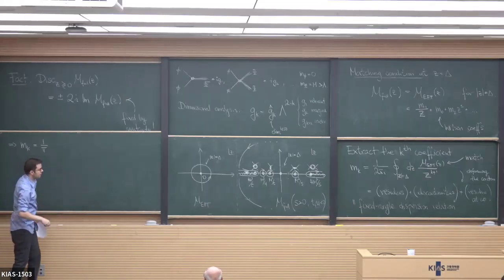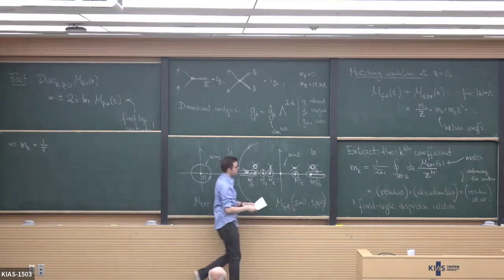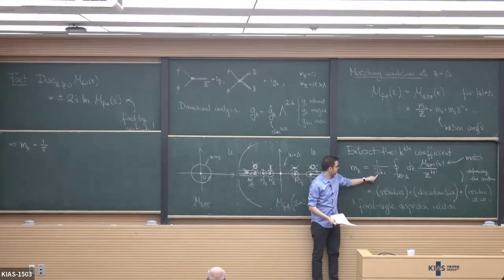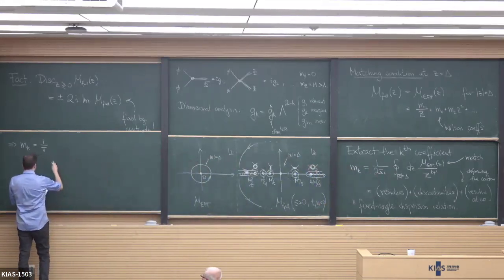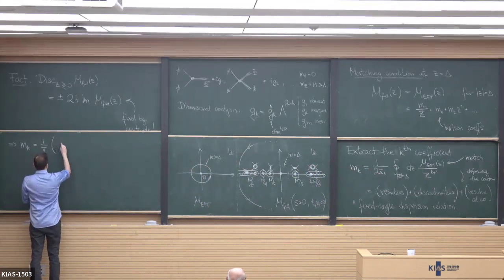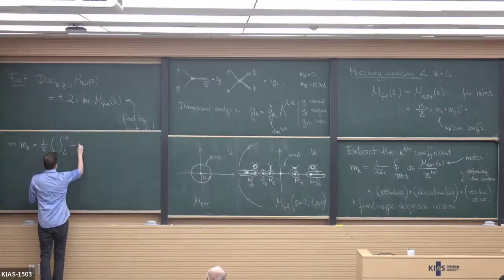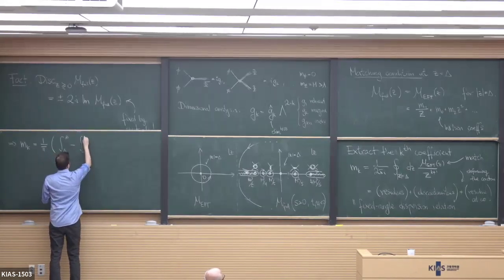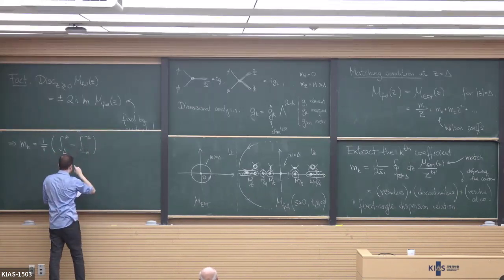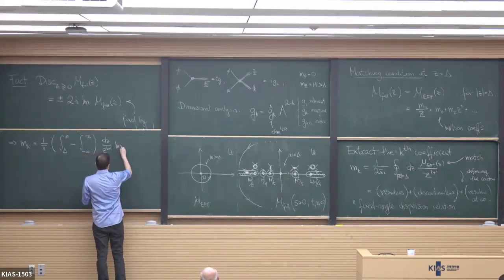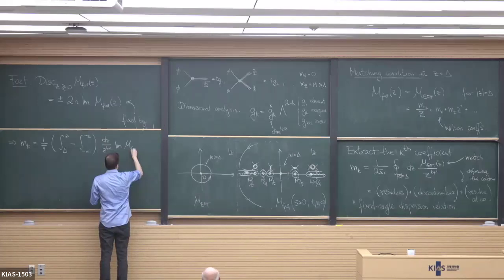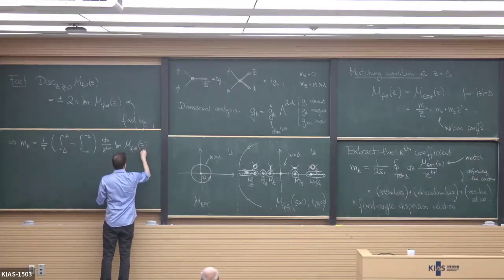So I'm just going to plug in this expression into here, right? So the 2i is going to cancel out. I have pi, and then I have the integral from some cutoff delta to infinity minus the integral from minus infinity to minus delta. Both of those are dz over z to the k plus 1, and then the imaginary part of the full amplitude at z.